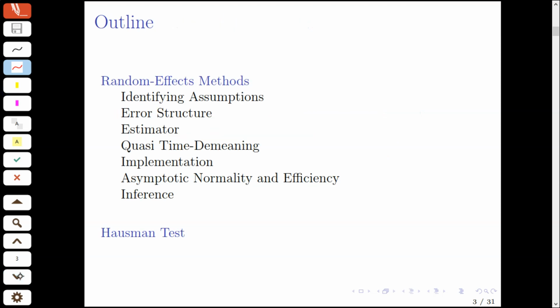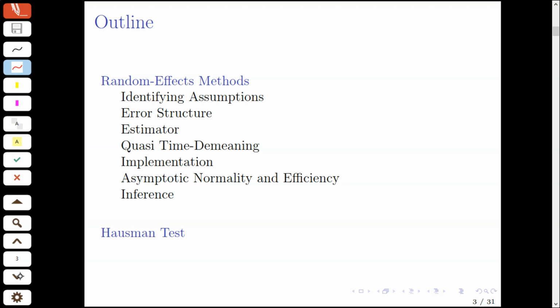So the outline for this lecture goes as follows. We'll talk about random effects in detail, starting with identifying assumptions, which will lead us into a discussion of the structure of the error variance, which will suggest the random effects estimator.